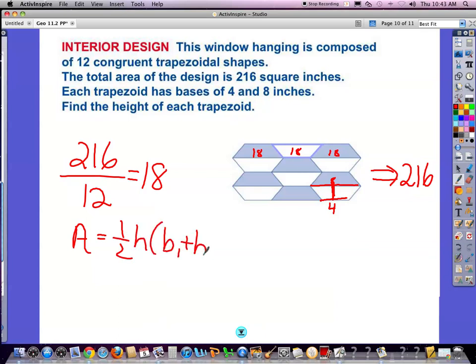This is going to be worked out like the previous problem. 18 equals 1/2. I don't know the height. I keep going. Base 1 is 4. Remember, that's this little piece right here. And then the other base is 8.